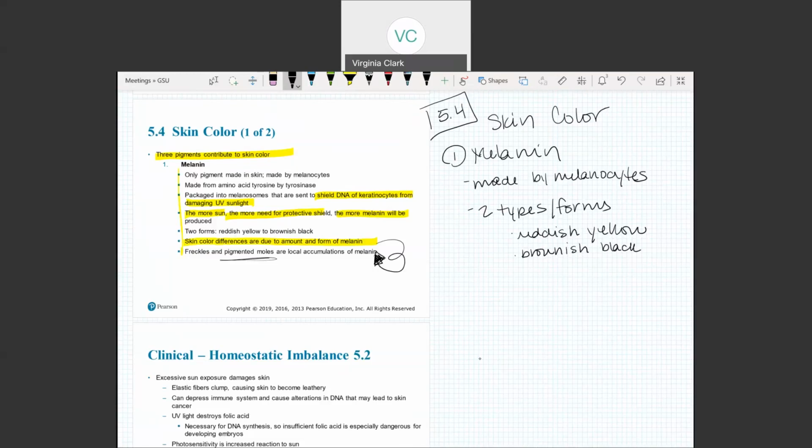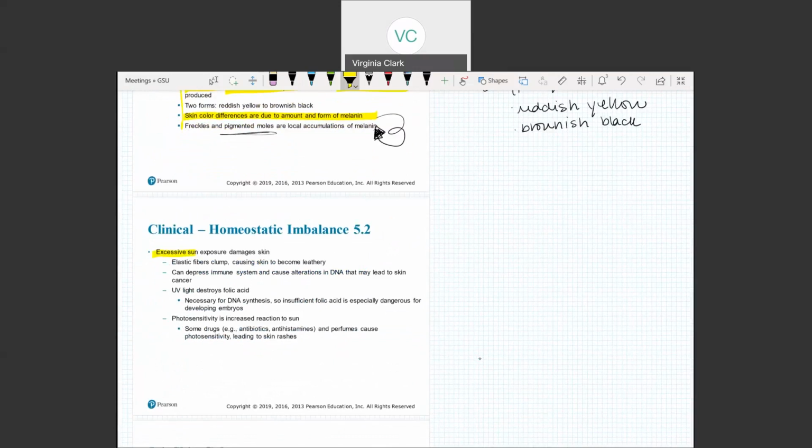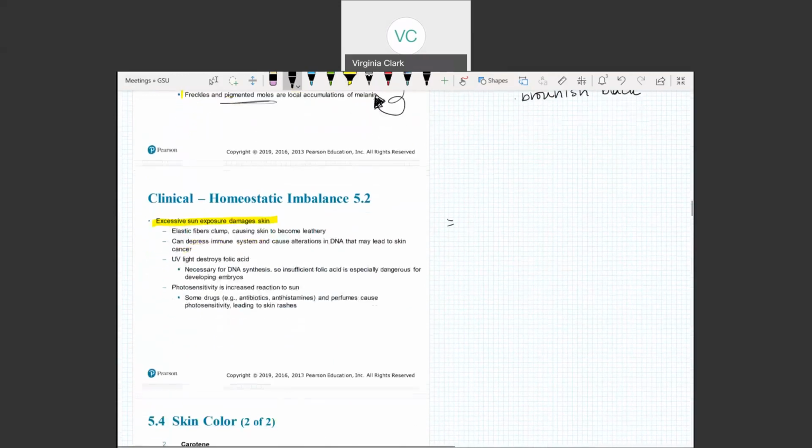Okay, but while this is really cool and we can have this melanin protect our DNA, it does change based on the need for the protective shield. So what happens if you have excessive sun damage? This is going to be what happens when you go through the process of a sunburn or a suntan.